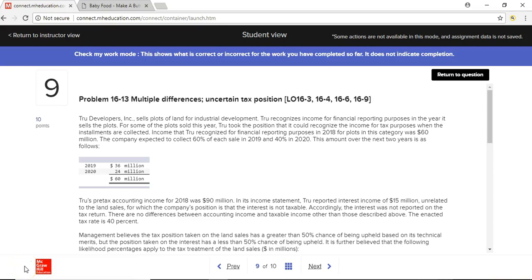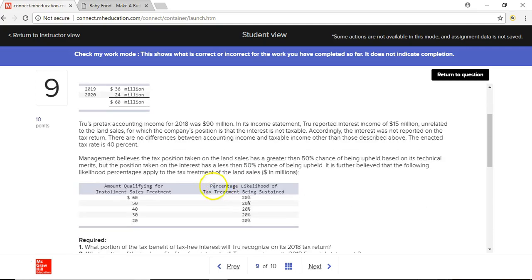Problem 1613. To record the 2018 income tax journal entry, we need to acknowledge the permanent difference from the interest income and the temporary difference of the installment sales. This problem also offers some estimation of the likelihood of realizing the tax benefit, meaning those deferred tax liability.